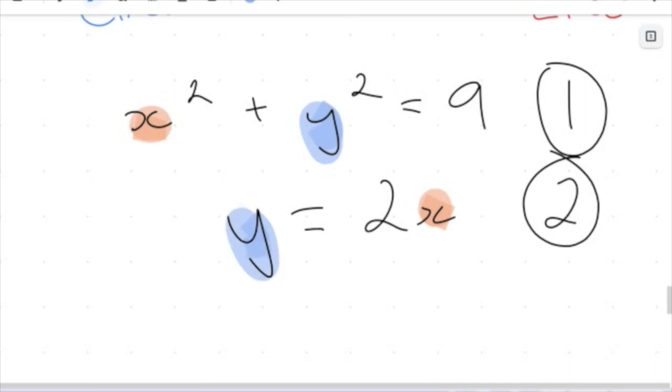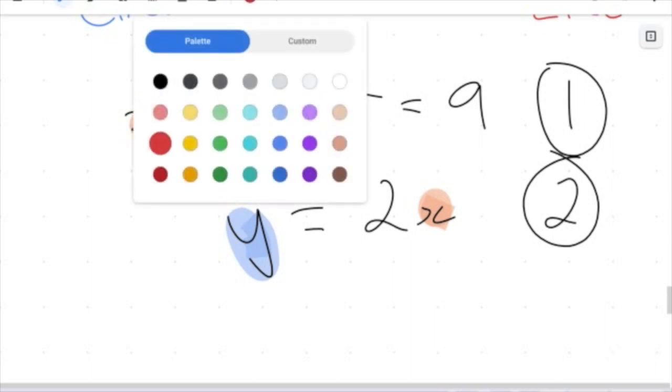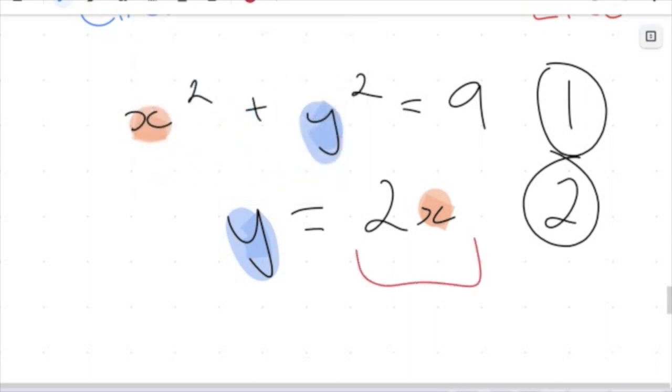So at this point of intersection, my y in equation 2 is exactly the same as y in equation 1. So therefore, I can substitute this thing here, because y is equal to 2x, I can substitute 2x up here. And that's going to give me an equation to solve with just x values here.